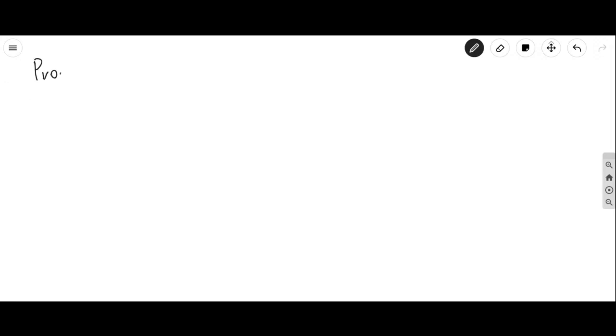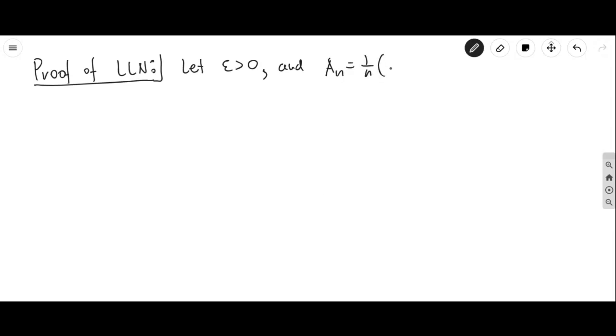Proof of the law of large numbers. As in proofs in analysis, we're going to say let epsilon be bigger than 0. If you've ever taken an advanced calculus class, all of your proofs pretty much begin with let epsilon be bigger than 0. Okay, so A_n is the average of these random variables where each X_i has expectation equal to a.